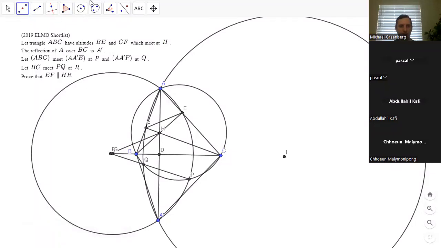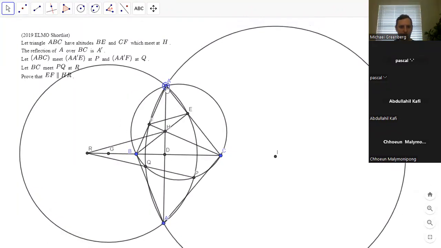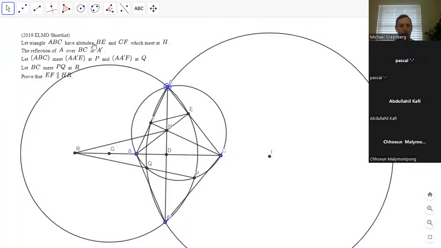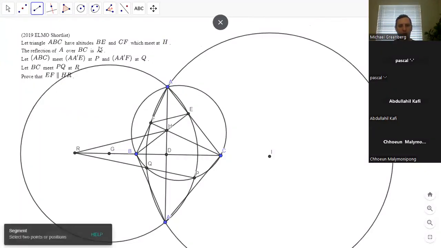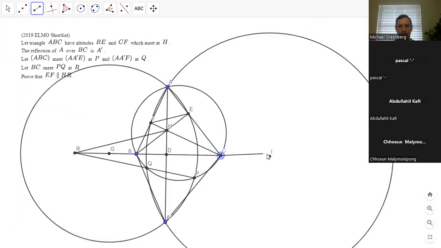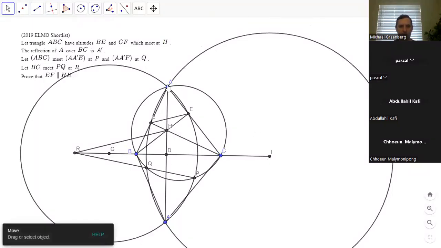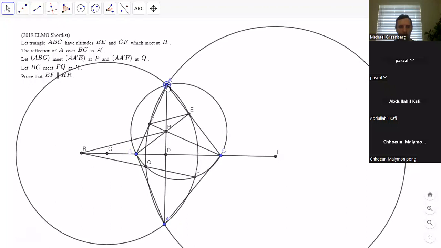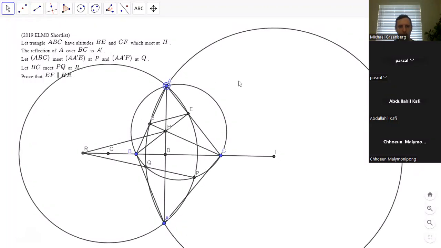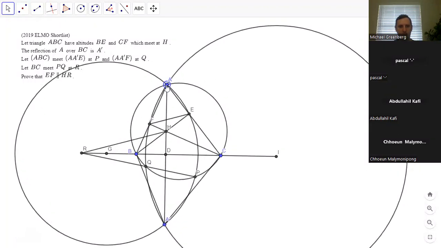That center is really close to point F. So let me make it a little farther away. Maybe something like that. So G is the center of that circle, and I is the center of this circle. Make it a little bit of a taller triangle.